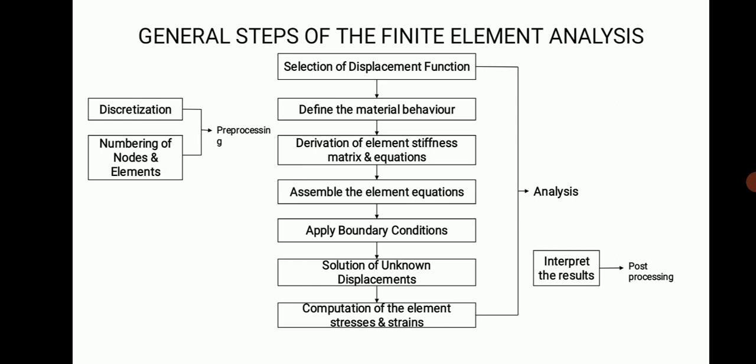The first two steps come under pre-processing, and selection of displacement function, define the material behavior, derivation of element stiffness matrix and equations, assemble the element equations, applying the boundary conditions, selection of unknown displacements, computation of the element stresses and strains come under analysis. And the 10th step, interpret the results, comes under post-processing.